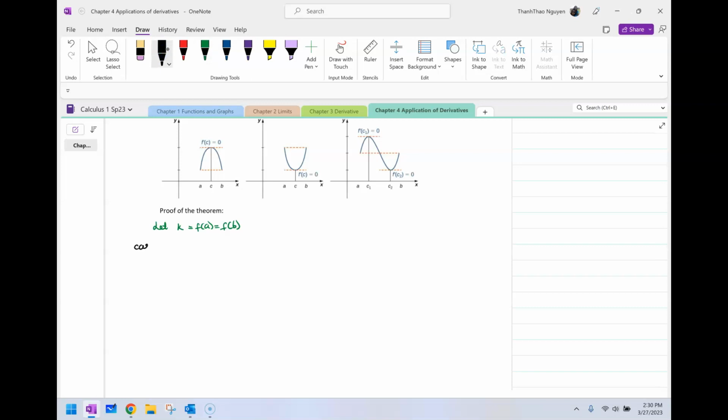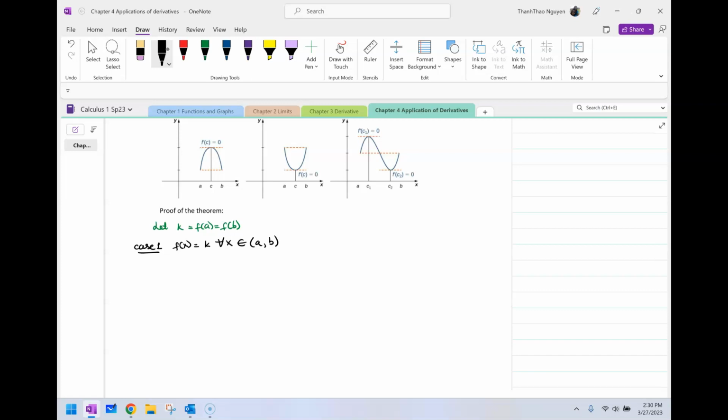Case 1: f(x) equals k for all x in the interval [a,b]. This means we're looking at a constant, right?